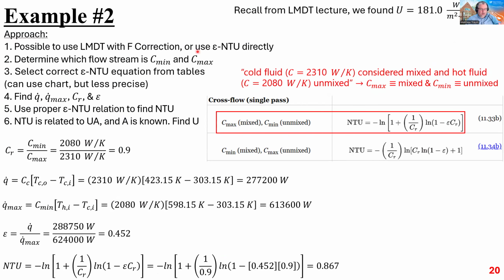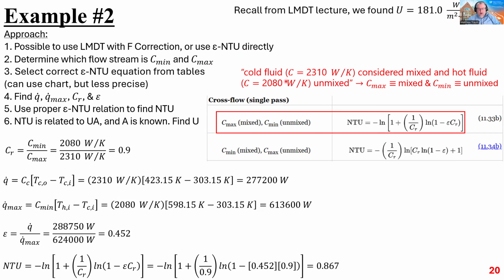Yes, we're going to use Effectiveness-NTU. First thing is we're going to determine which stream is Cmin and which is Cmax. We're told the cold fluid has a C of 2310. That's mixed. We don't care about that yet. The hot fluid is 2080 watts per Kelvin. That one's unmixed. We don't care about that yet.